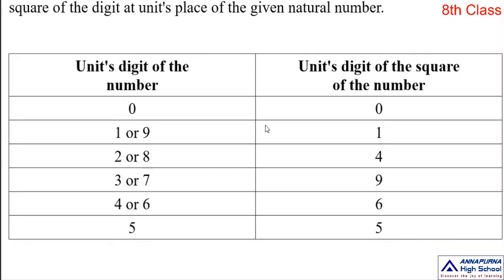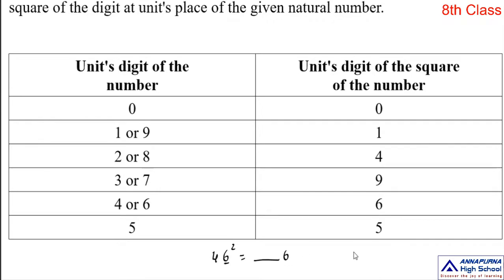For example, if you take the number 46 and you are trying to find the square of this number, 46 squared, which digit does it end with? No doubt it ends with 6. Why? Because the last digit of the given number is 6, so its square ends with 6.